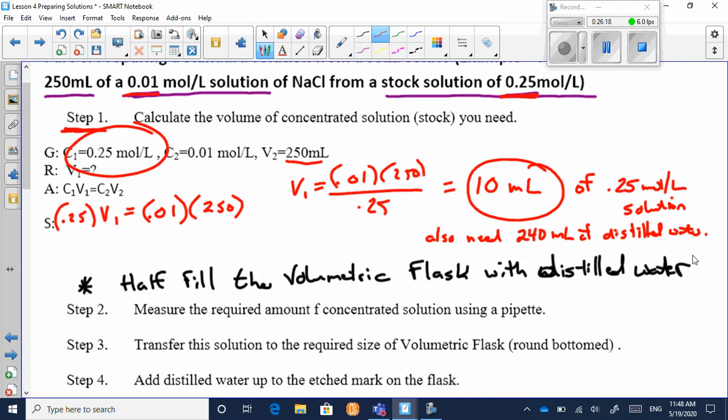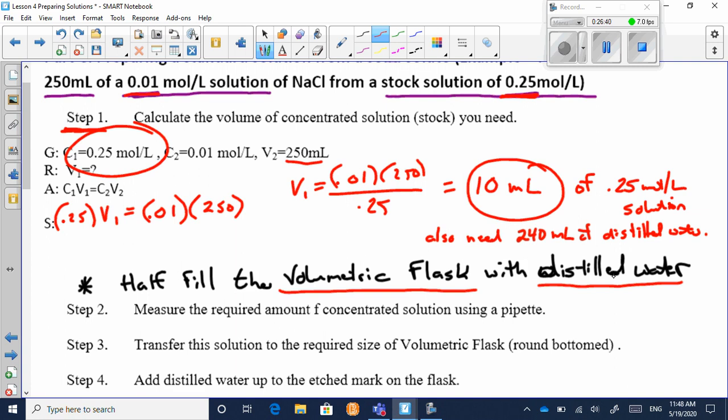Okay, so here we go. Once again, we're going to go grab a volumetric flask, and you're going to half fill it with distilled water. What I'm going to emphasize here is the reason for having this step in, which I've written in my hand here, is that normally what you're doing when you're diluting is you're diluting acids.